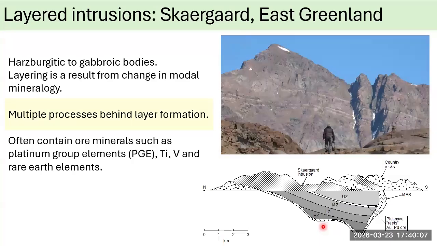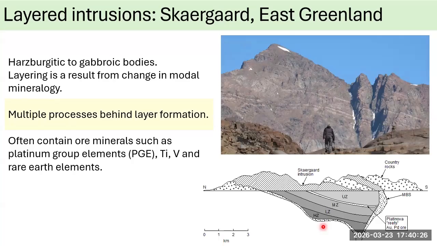These layers result from change in the mineralogy. So you will have, for example, a dominant plagioclase rich layer, then you will go to the olivine rich layer, then apatite comes. So we change our modal mineralogy, and we see that in the layering.